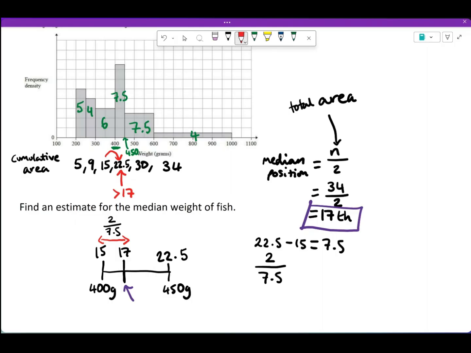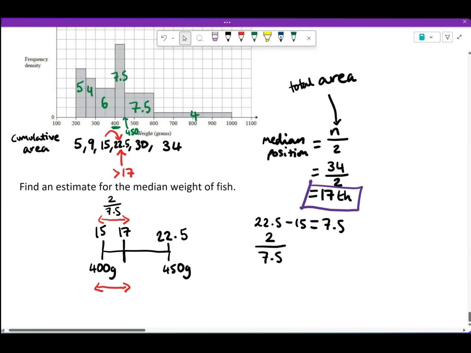And the idea is my median weight is also going to be the same fraction of the way along between the 400 grams, the lowest value in the class, and the 450 grams, the highest value in the class. So therefore, this fraction down here is also going to be 2 over 7.5. Now I need to specifically calculate what value this is.